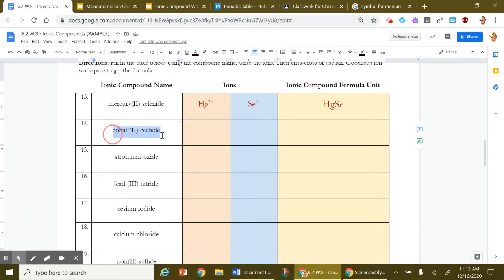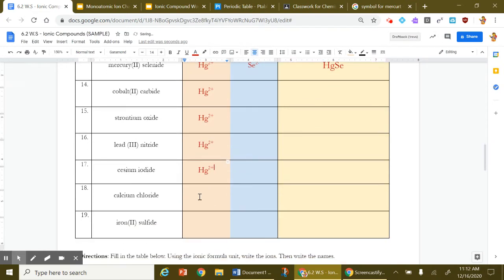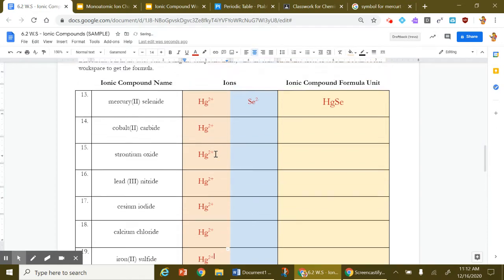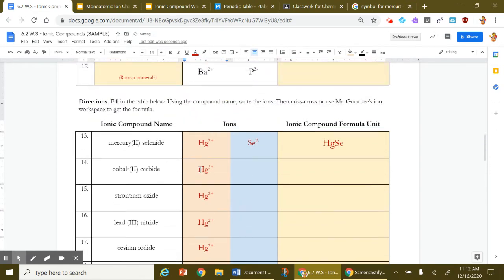Cobalt 2 carbide. Well, I know cobalt 2. By the way, pro tip here, so you're not always copying superscripts and stuff, you can just copy that in there. In fact, I can copy all the way down the line here and then just change it as I go. So cobalt 2, Co 2 plus, and carbide.